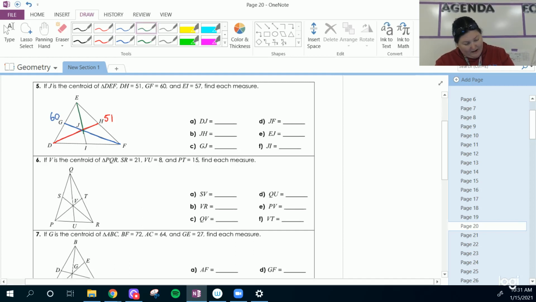And EI is 57. They want us to find each measure. So first one they want is DJ. So 51 divided by 3 is 17. So then we do 17 times 2, and get 34.